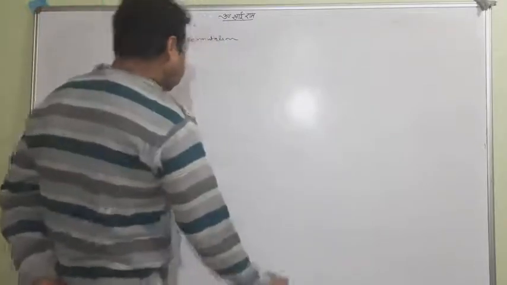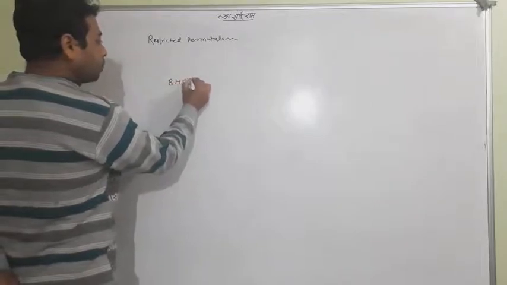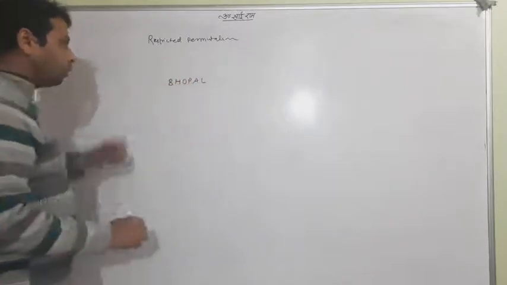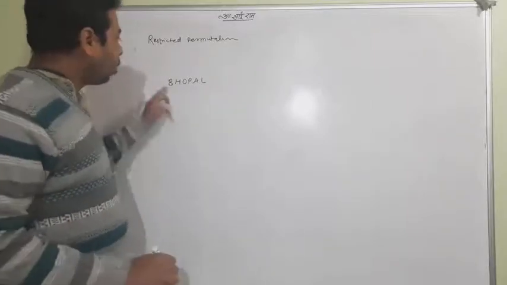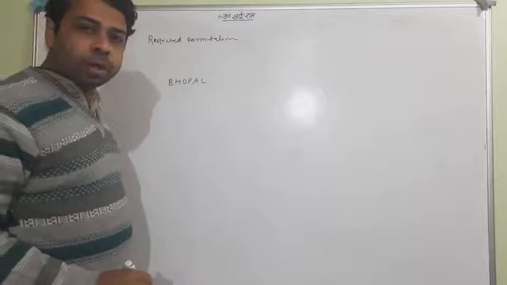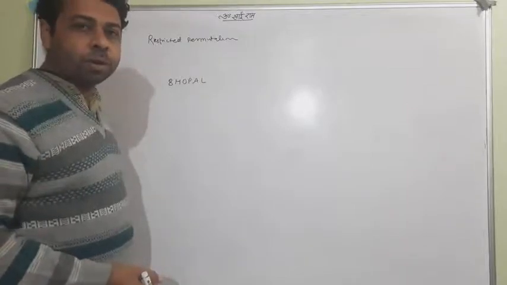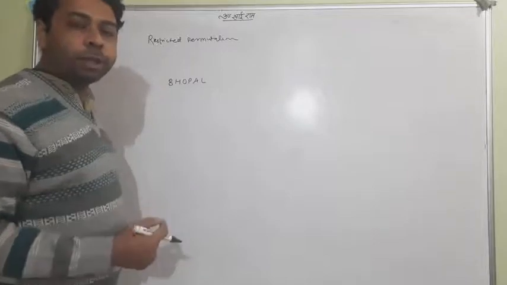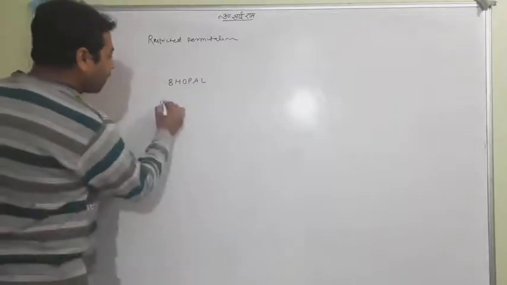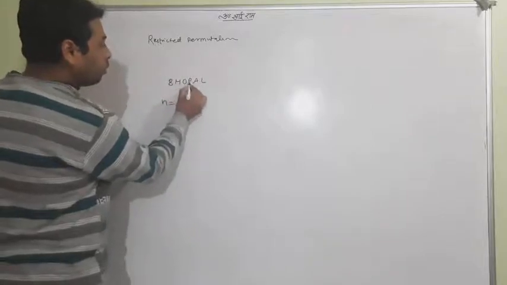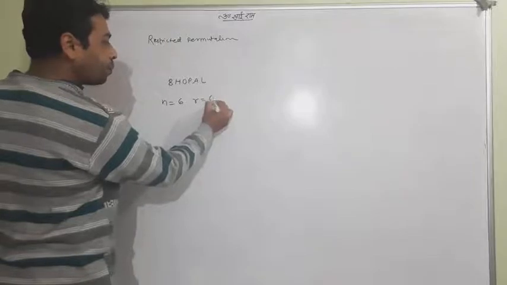Let me explain something. It is a word, Bhopal. If I ask you to take all the letters at a time and find all different words, with or without meaning, it means you have to find the permutation. In that case we take n equal to 6 and r equal to 6.